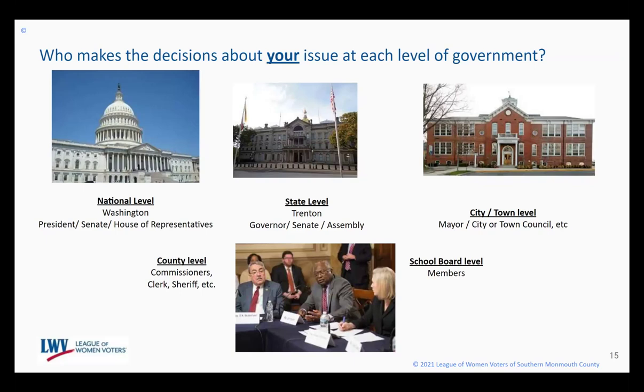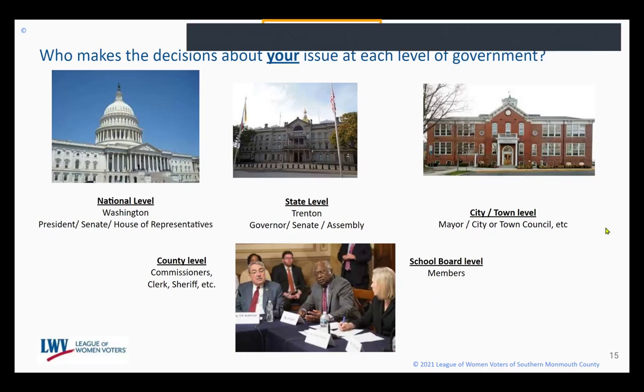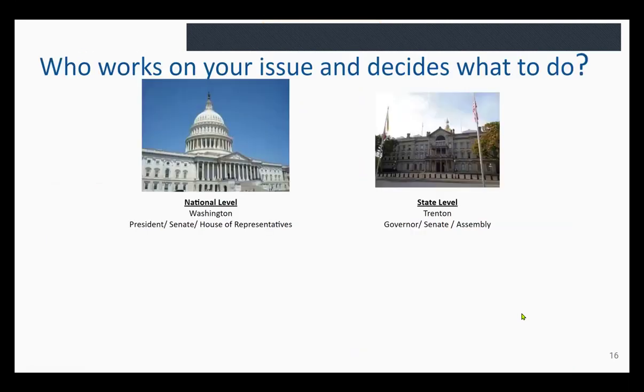And then there's the school board level, and the members of the school board are generally elected by the public in that particular community. And usually that board elects its president, so that we don't directly elect the president of the board. But those are the people that are listed under each one of those levels of government. Those are the people that we want to try to influence if we're going to try to make a change about your issue.